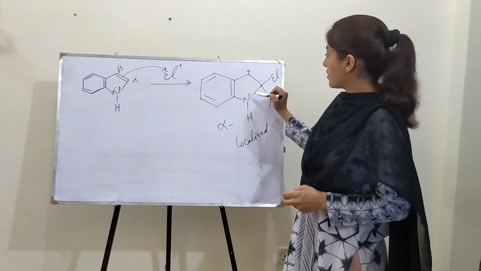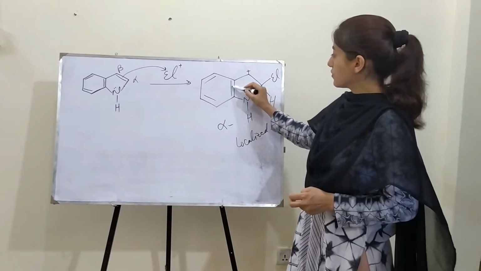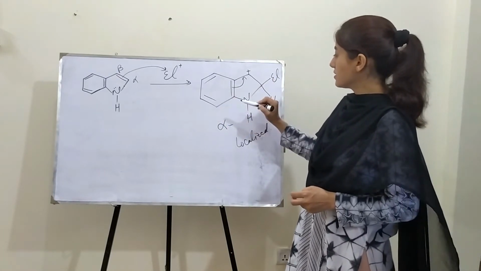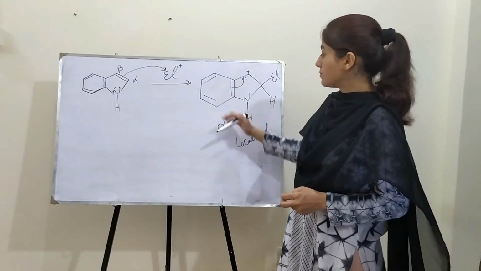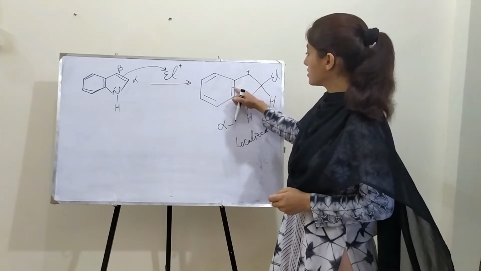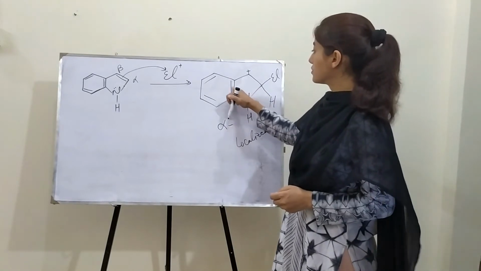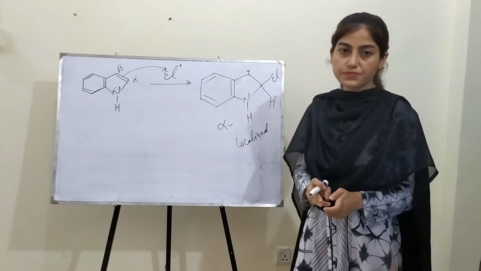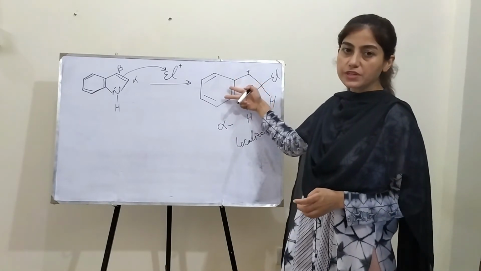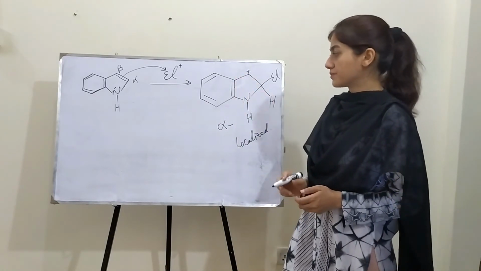Because if it draws the electron density from this benzene ring, this bond is shifted to this position, then the aromaticity would be lost. So it may not be shifted to this position. This shared pi bond would not be shifted to any other position.